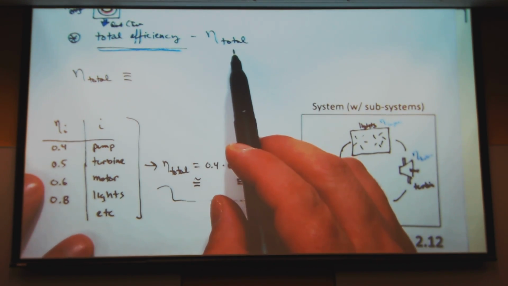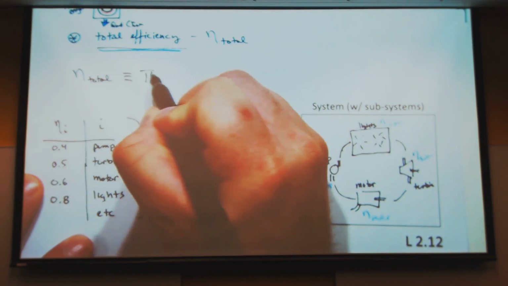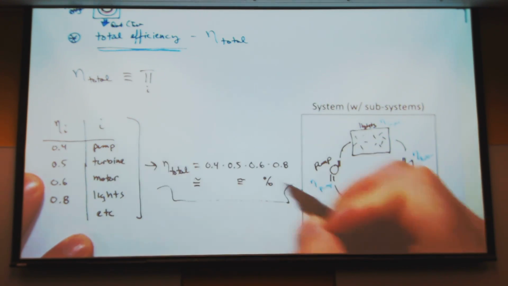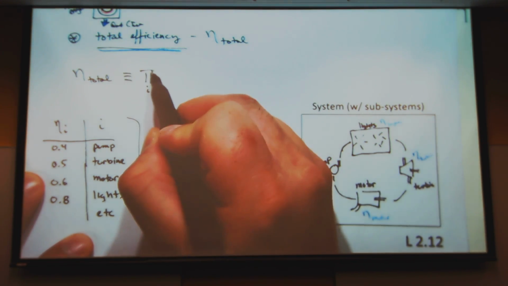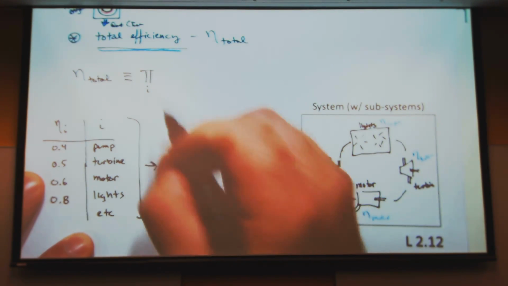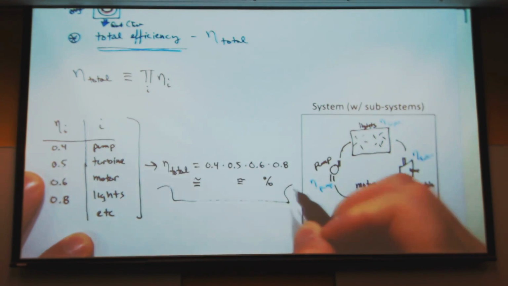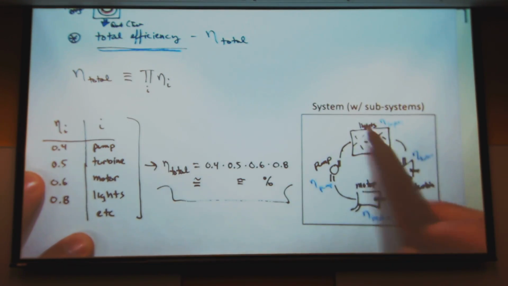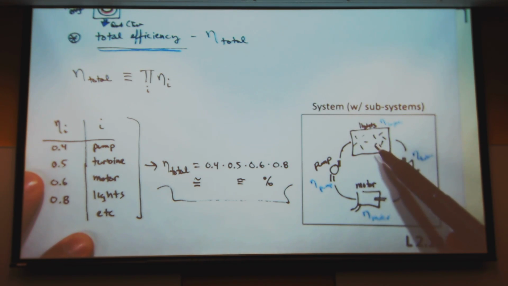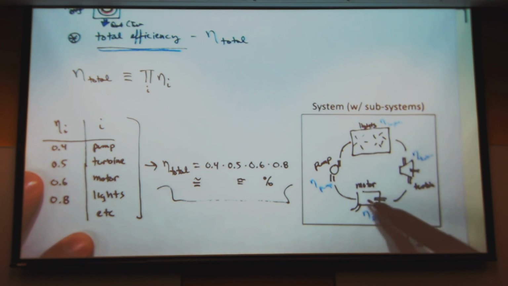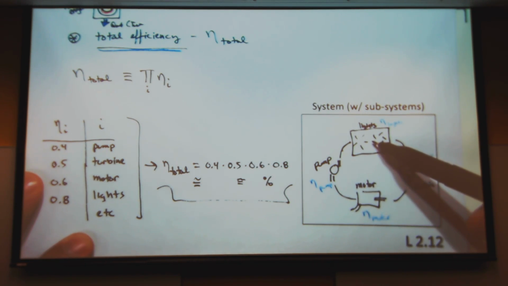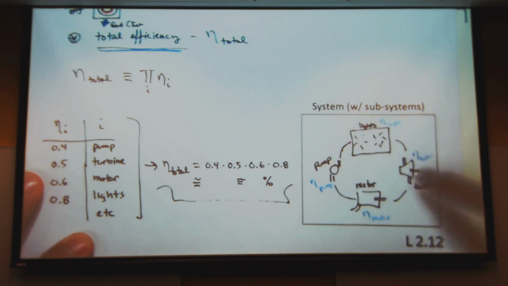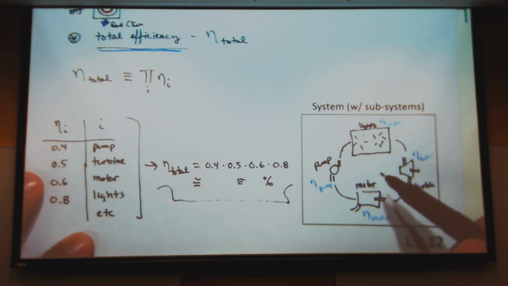There's the product symbol, if you remember from Calc 2. So there's a summation and a product, and then I have eta i. If I have a system with subsystems, I could have a system consisting of lights, pump, motor, and turbine. Each subsystem has its own efficiency, but the whole system ends up being the product of all components.